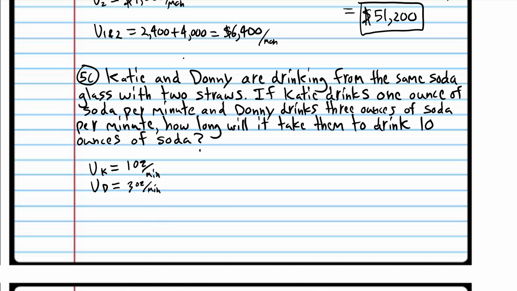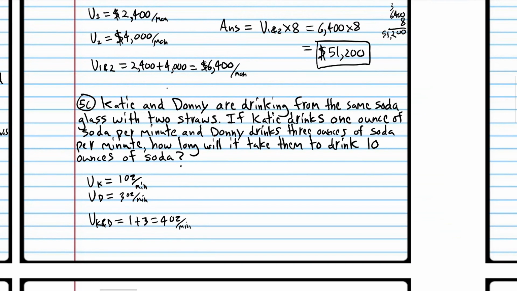It's per minute, so they're all unit rates. The unit rate for Katie and Donnie is 1 plus 3, 4 ounces per minute. So now that's how fast they're drinking together.